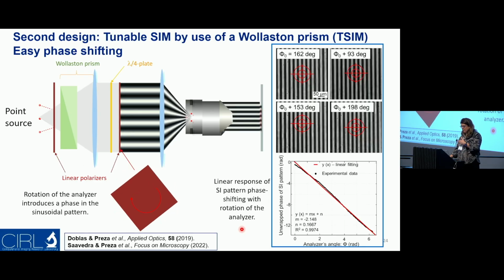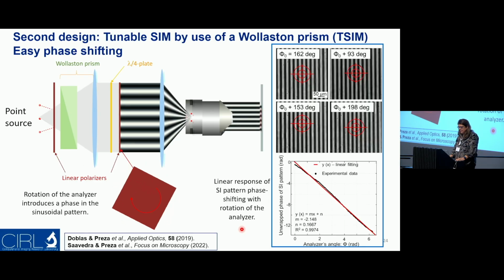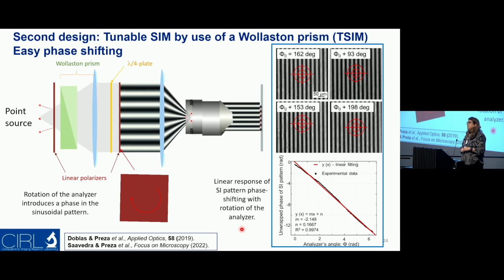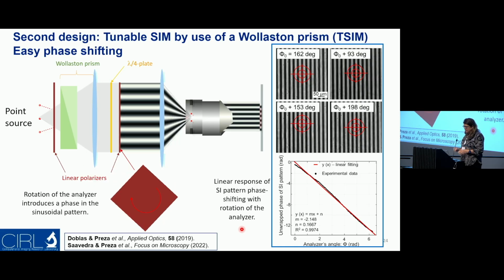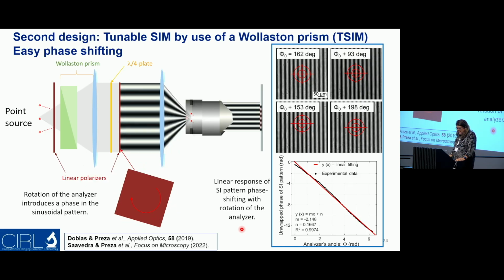And proof of concept experimental data shows that you can calibrate it once, and you get a linear response of the structured illumination pattern phases with the rotation of the analyzer.